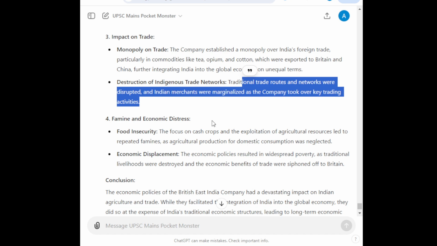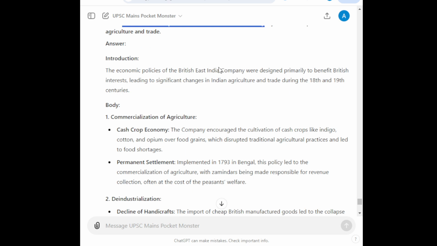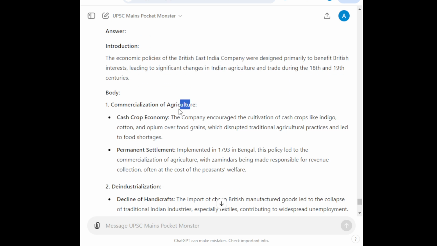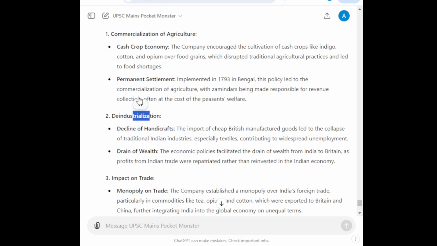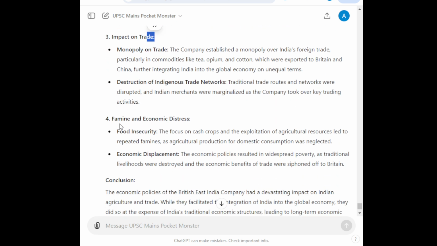Yeah, this is clear. So the question here was: discuss the economic policies and their impact on Indian agriculture and trade. So the discussion of economic policies here is happening in the agriculture sector, industrial sector, the trade, and the food security and health aspects.